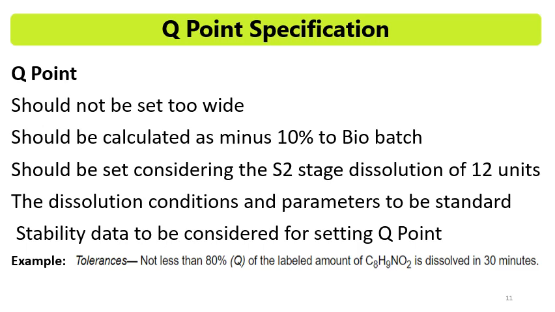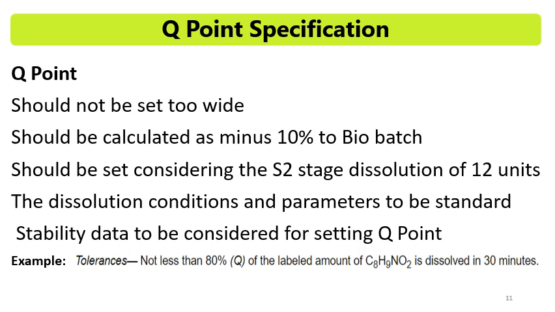The dissolution conditions and parameters should be standard. Don't go for a very high speed for the paddle apparatus like 75 RPM. If you are getting a good release of above 80% in 30 minutes with the 50 RPM, then stability data is required to be considered whenever you are going to set the Q point.